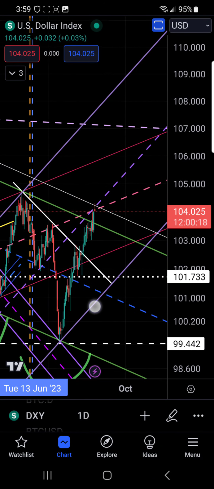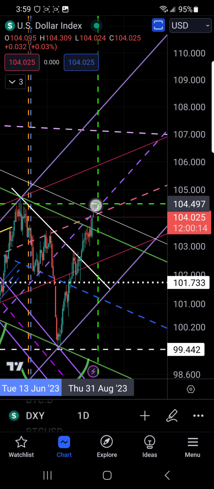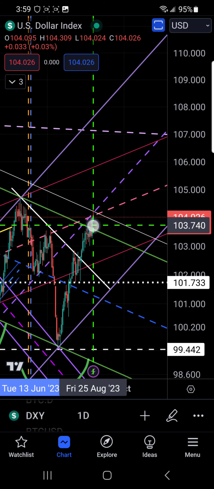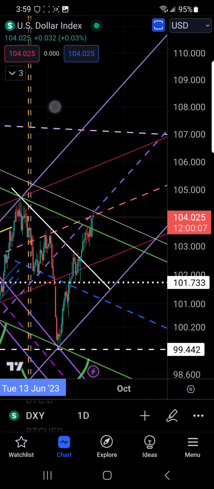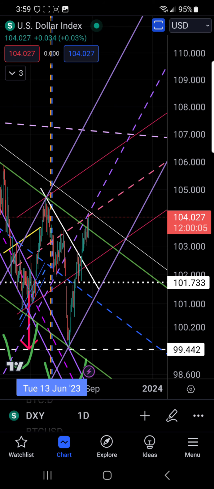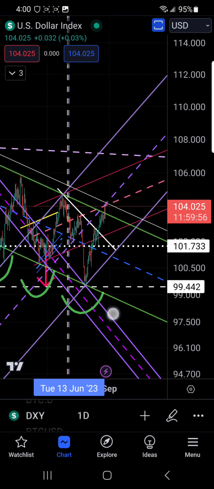And as it turns out, we are getting the rejection there at the center line of that red channel. The lavender channel is a new channel that I draw to show where we would be going if the inverse head and shoulders did play out.